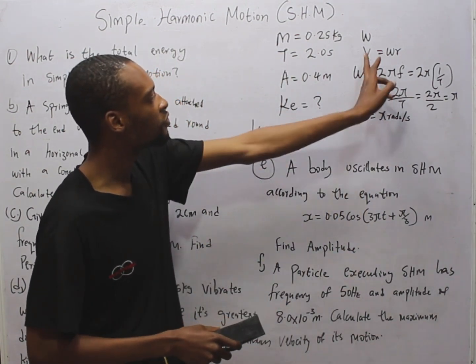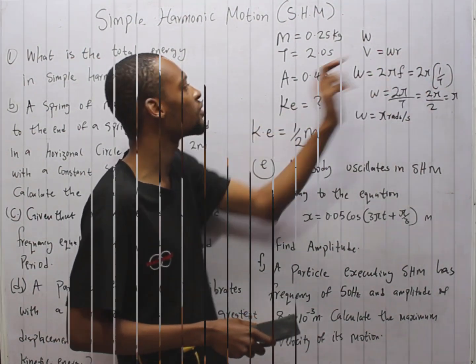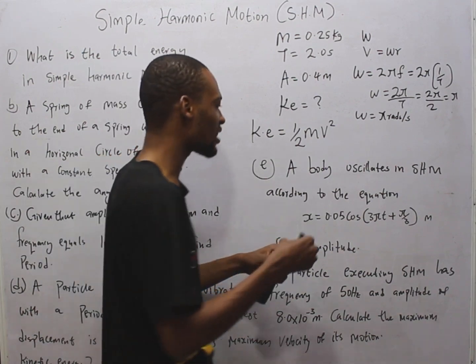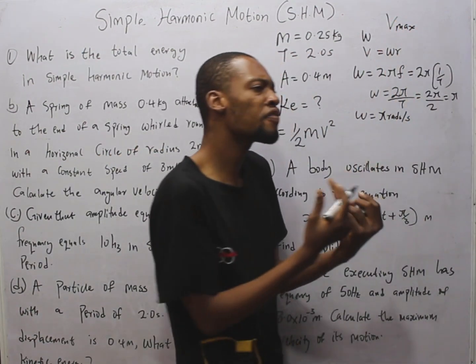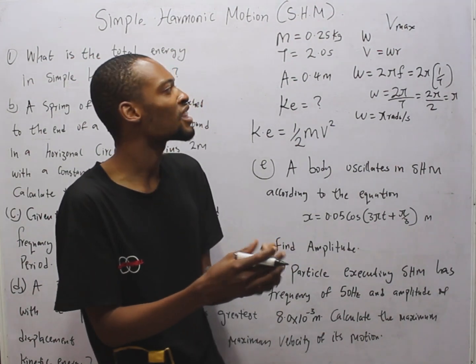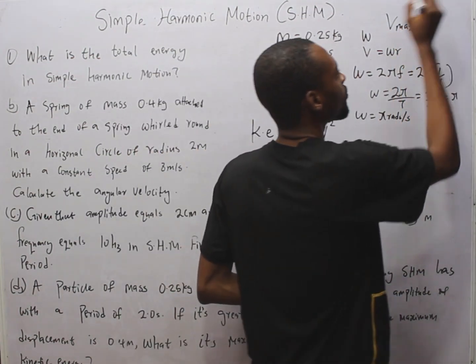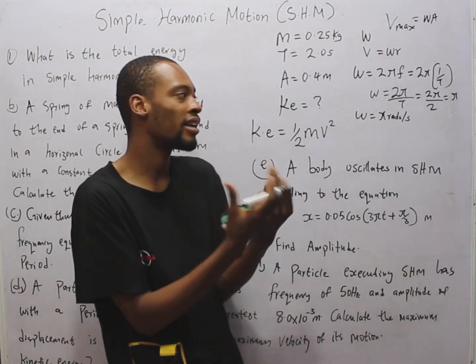Recall that V is equal to WR. So what is the radius? At maximum kinetic energy, it simply means that velocity is maximum. And recall from my explanation earlier, at maximum velocity, V is equal to WA. You can take the video back, you will see where I explained and analyzed that.